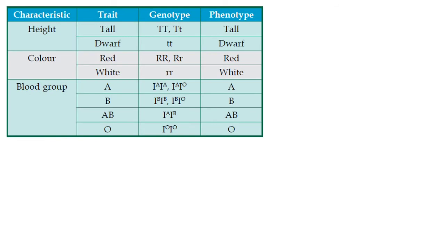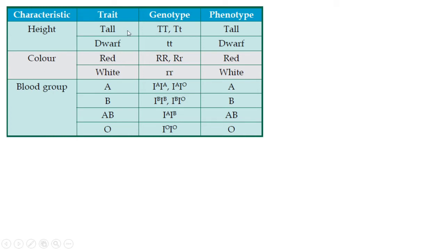So these are other terms related to inheritance: characteristic, trait, genotype and phenotype. This is the characteristic in pea plant: height. In the characteristic of pea height, there are two traits, tall and dwarf.